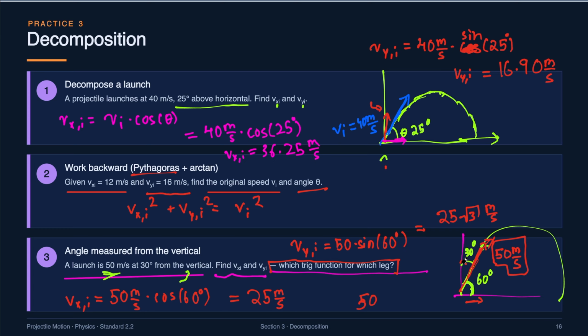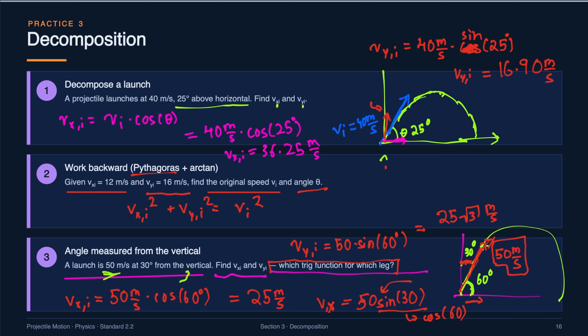Well, if you do the sine of the vertical angle, which is 50 sine of 30, and you say that's equal to vx, well, it's the same thing, because sine of 30 is equal to cosine of 60, right? So you could use the sine function if you were looking at the 30-degree angle instead of the 60 degrees. But then you'd have to swap around a lot of stuff, and it gets messy, right? That's why I prefer to keep it just the regular angle.